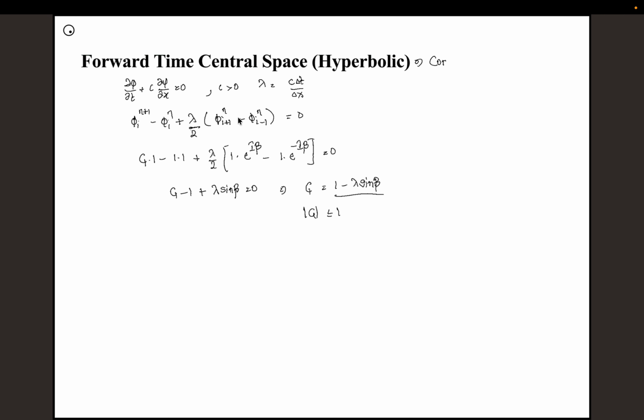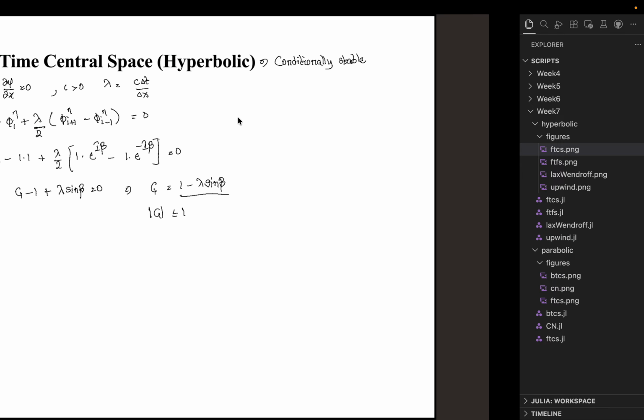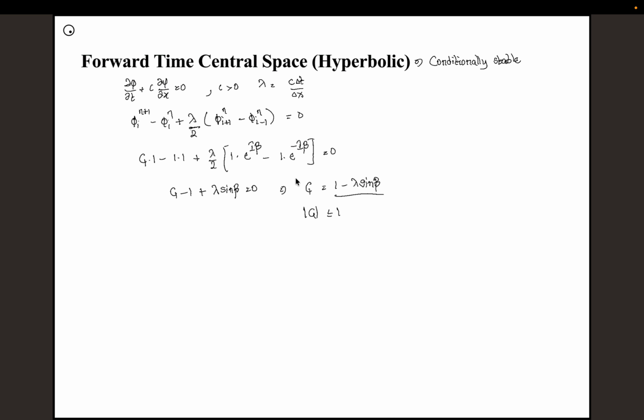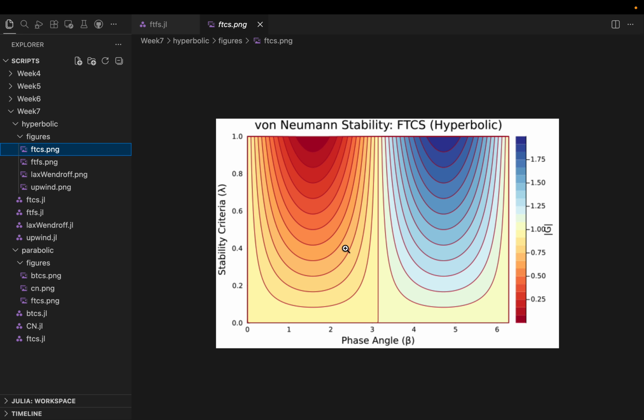And what is the criteria that we can come to? If I say this method is a conditionally stable method, what are the inferences that I can make from this plot? There are only certain values of phase for which this method is actually stable.